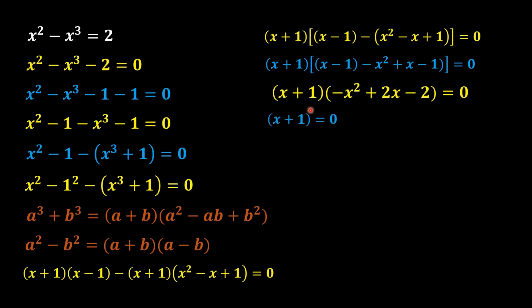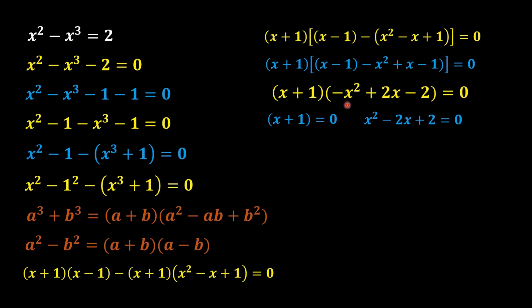Now in the next step we should take both brackets equal to 0. First x plus 1 equal to 0 and the second one is x square minus 2x plus 2 equal to 0. Because we arranged this equation after taking it equal to 0, we should move all three values to the other side of the equation.